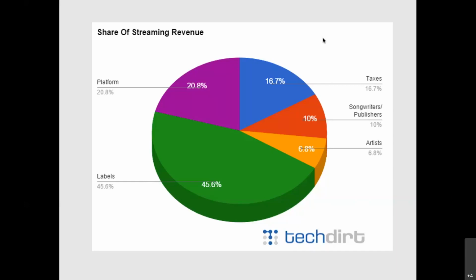No, actually, I've seen them as high as 50%. But the songwriters make money. Certainly, they make money in taxes, and the platform where the streaming comes in is also making money. So we look at the share of streaming revenue.